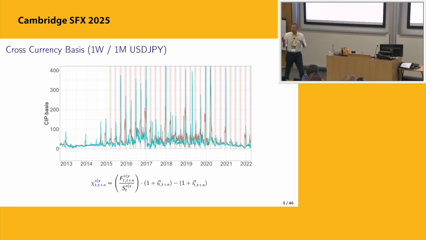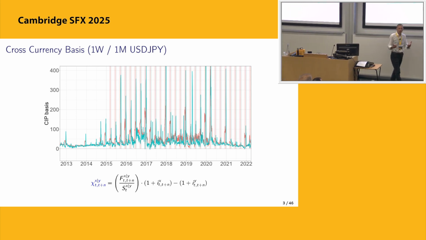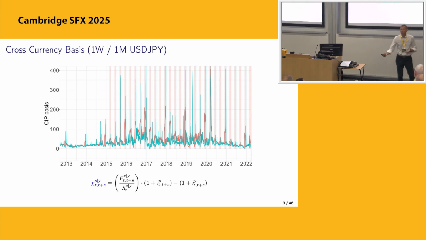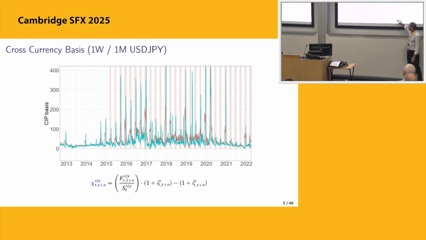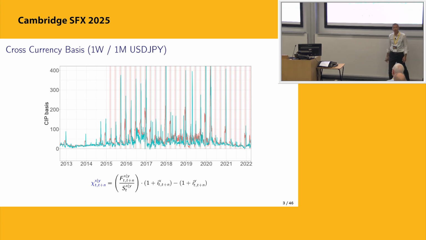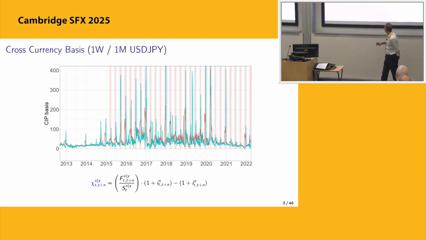I know you are an educated audience for FX, but let me refresh for you what the CIP, the covered interest parity, no-arbitrage condition is. You have two main options to raise funding in one currency. Say currency Y is the dollar. You go straight to the wholesale funding market in dollars and borrow, and you pay an interest rate, let's call it iY.